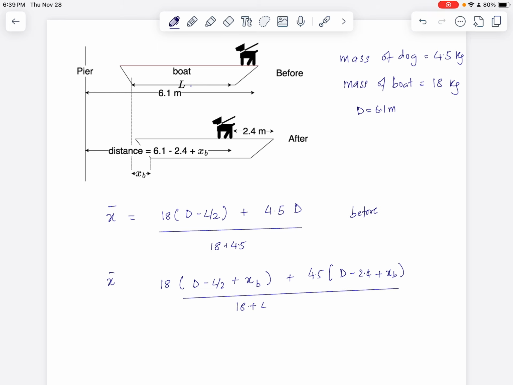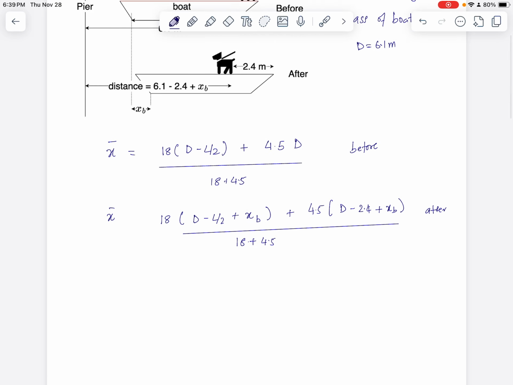And that's afterwards. Since the two positions are equal, 18 times d minus 18 times L divided by 2 plus 4.5 d equals 18 times d minus 18 times L by 2 plus 18 times xb plus 4.5 times d minus 2.4 plus 4.5 times xb.